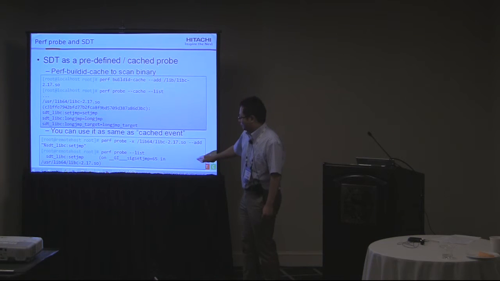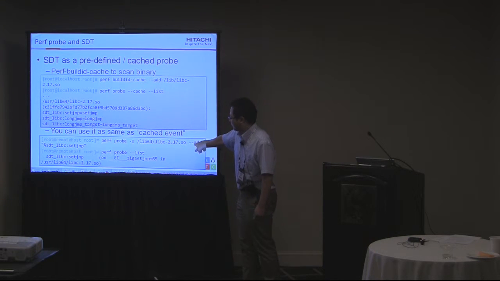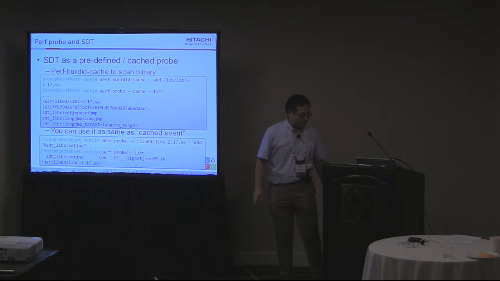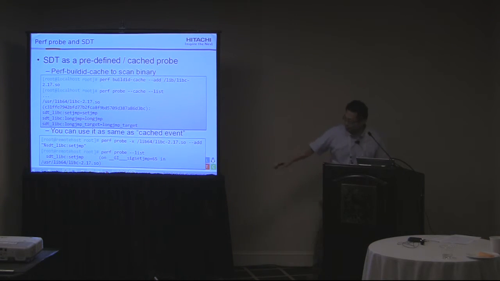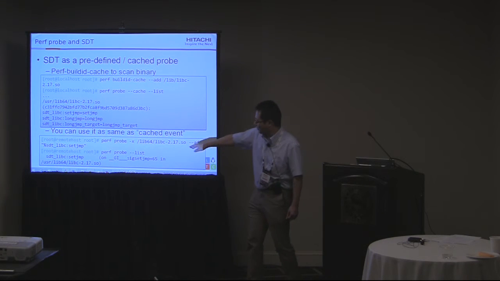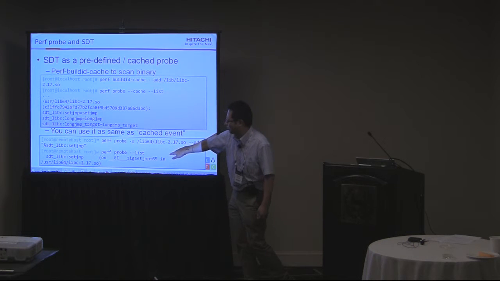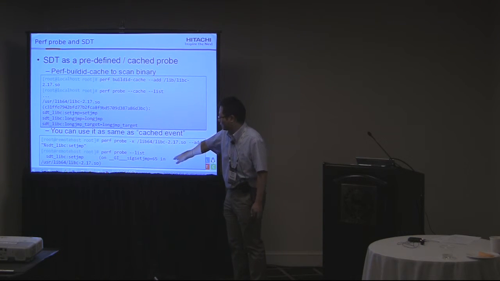Anyway, after setting this up we can see perf-probe list, not cache. Perf-probe -l shows this new event on the target binary.